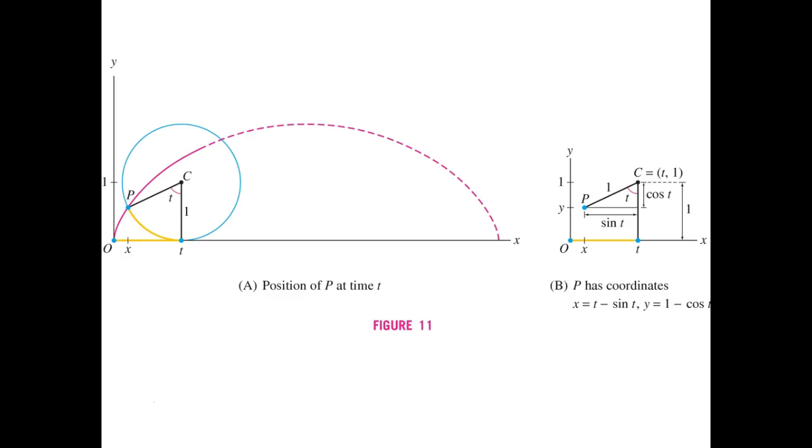let's look at the y value as well. That's y is equal to 1 minus cosine t. It starts off, t equals 0, it's at 0, okay? And then as t increases, the cosine is getting smaller, so the movement upward is faster than the movement down.